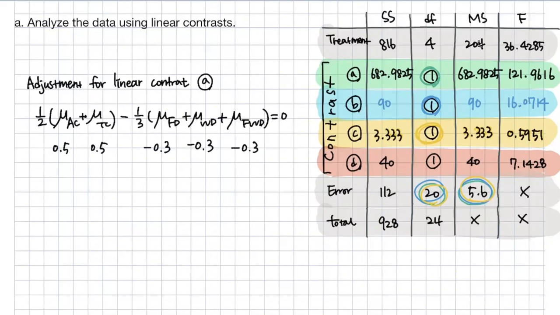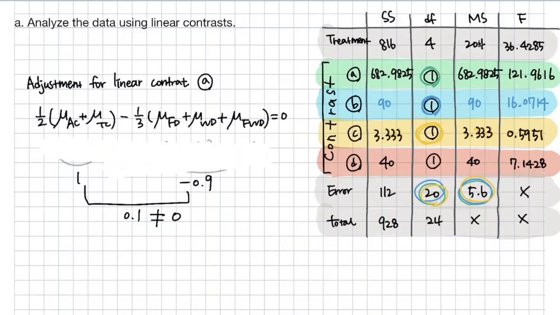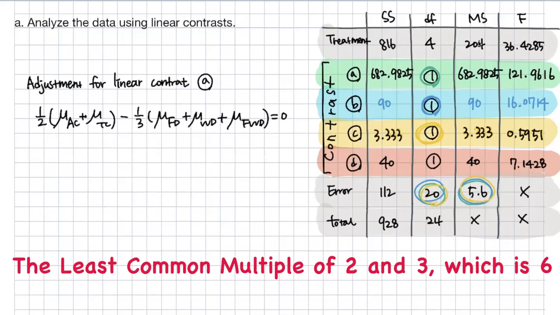So the sum of all these linear contrast coefficients should be 0 in SPSS, but if I add them up, this is 0.1. This is not exactly 0. So to make it 0, we need to multiply by the LCM on both sides.